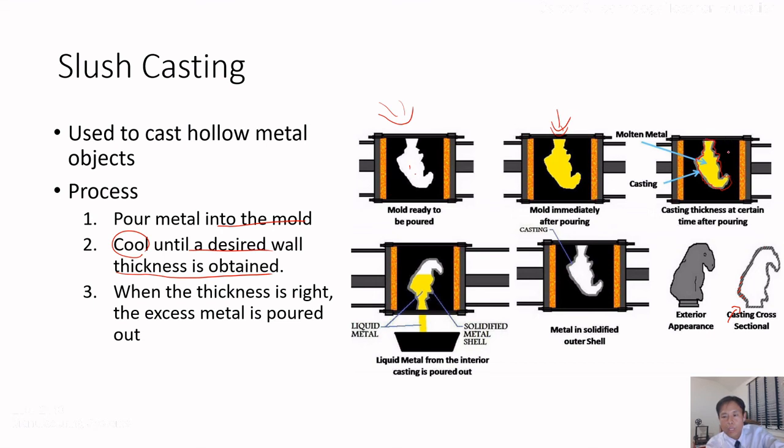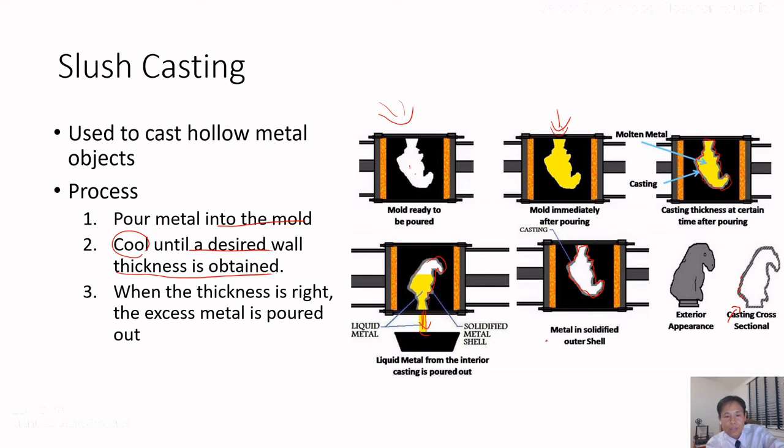The metal solidifies from the outside. Then we wait a little bit of time, and right after that we pour down the inside metal. So after solidifying the outside, we pour out the inside. Then we can have only the shell layer, the thin solidified layer.